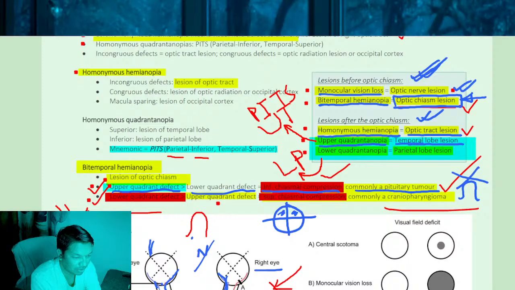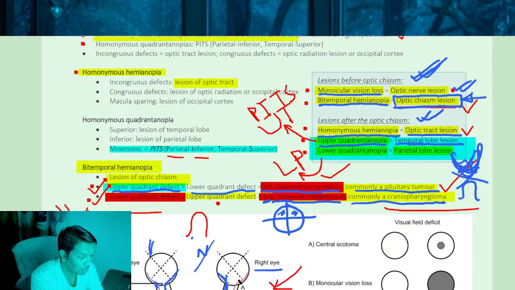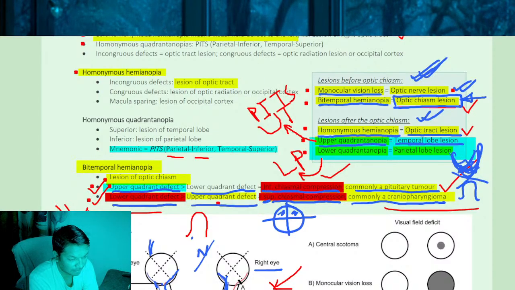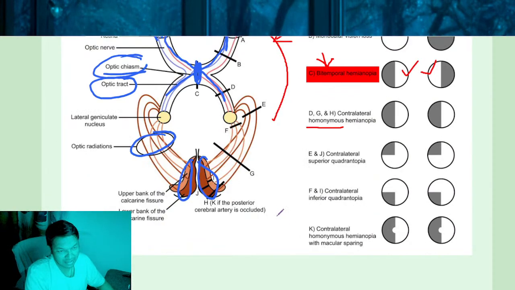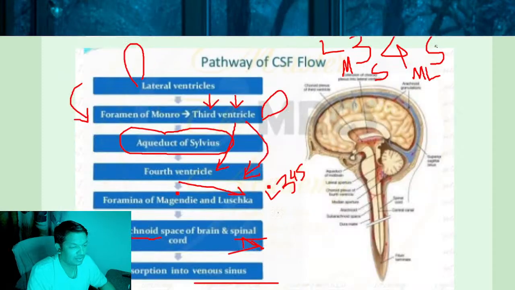But craniopharyngioma is a tumor of the upper part, so it gives pressure from the superior surface, superior chiasmal compression, and the patient will have a lower quadrant defect more than the upper quadrant. This head and neck is quite difficult. We have to read it multiple times.